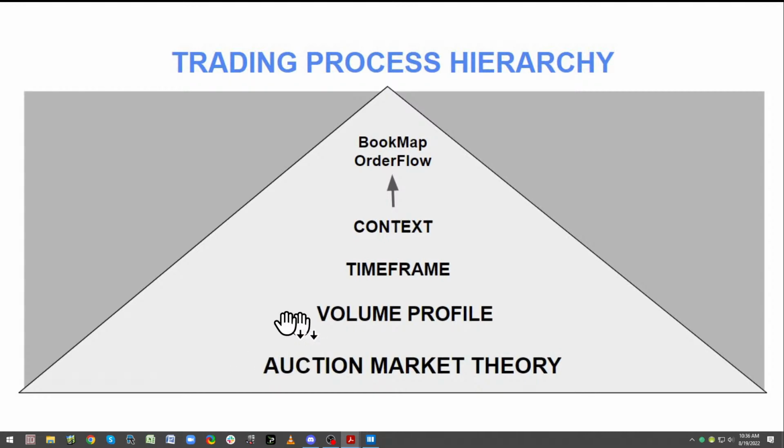And the other element to this whole thing is this auction process takes place in all fractals, or as you guys think of it, time frames. So while we can have an auction in a very tight range, it could be a couple of points, there's still a buyer and a seller interacting.